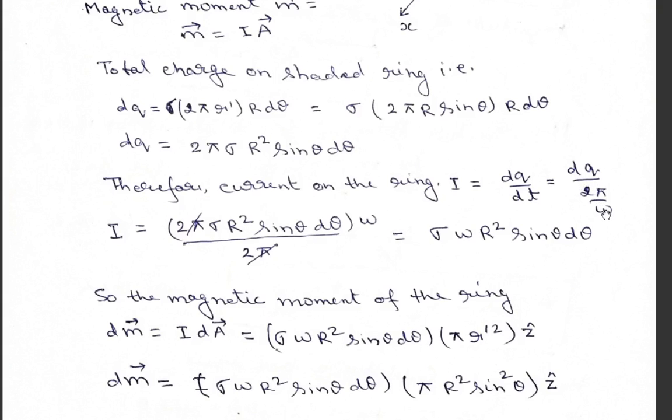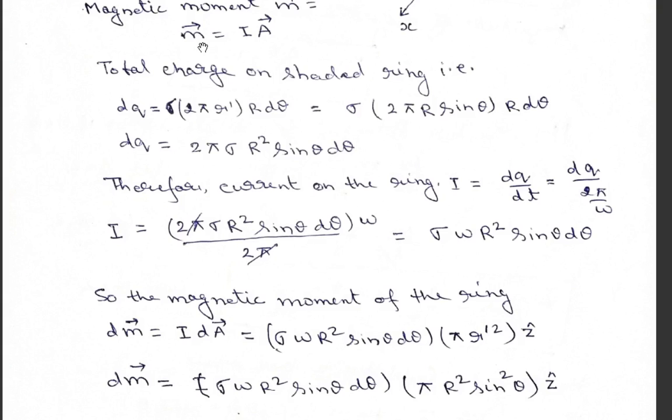Okay, so we can find out the current on the circular ring, that is 2 pi sigma capital R square sin theta d theta upon 2 pi into omega. So 2 pi will cancel out, and this will give sigma omega R square sin theta d theta. Okay, if this is known, the magnetic dipole moment one can find out.